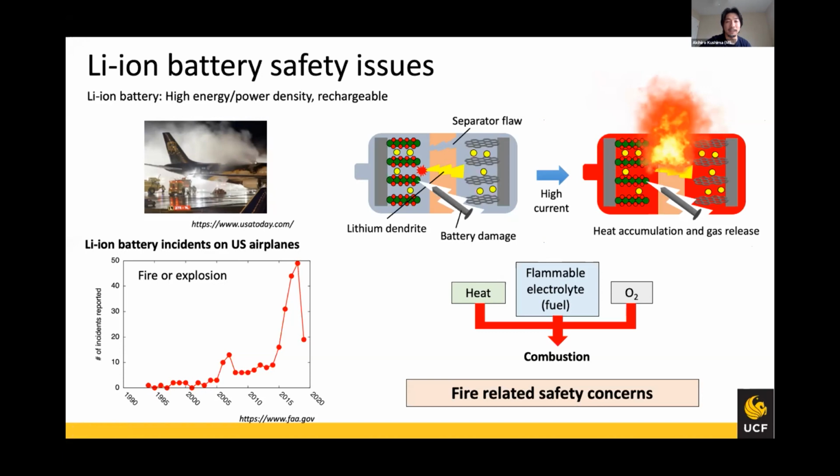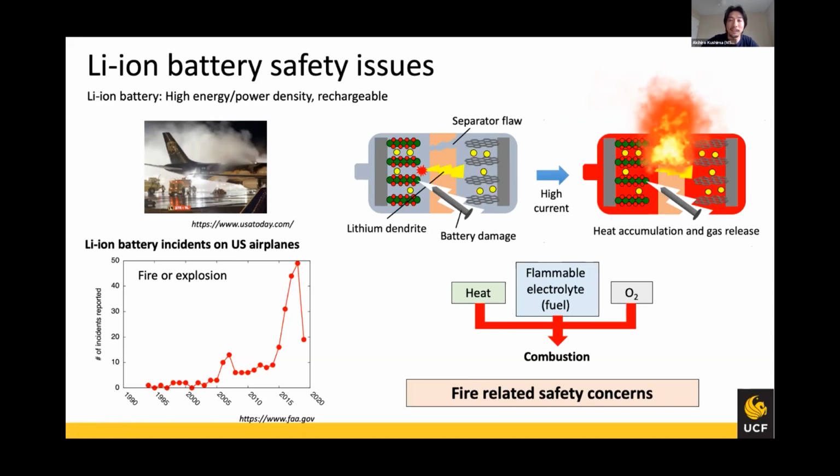And why do lithium-ion batteries catch fire? Because you want to increase the energy density, so you want to minimize all the unnecessary parts that do not contribute to the capacity. So, for example, you want to use the separator as thin as possible.